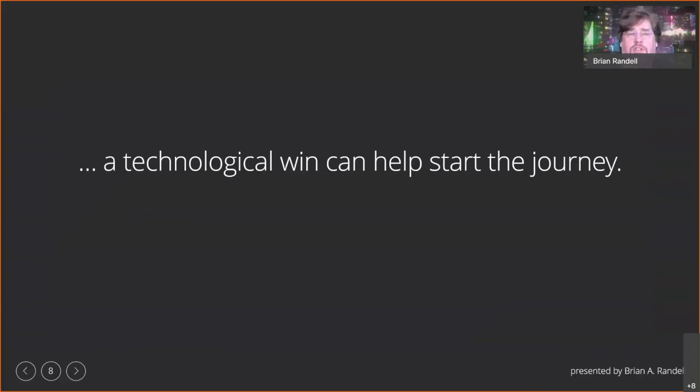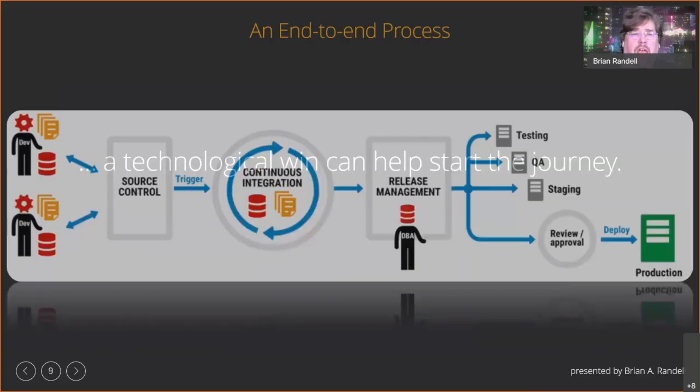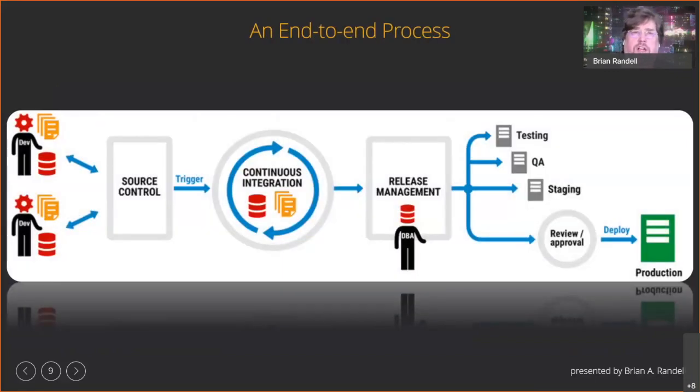So in this talk, we're going to do just that and talk about how we can have an end-to-end process for our database that we might already have for our source code: C#, Java, PHP, Go, whatever.